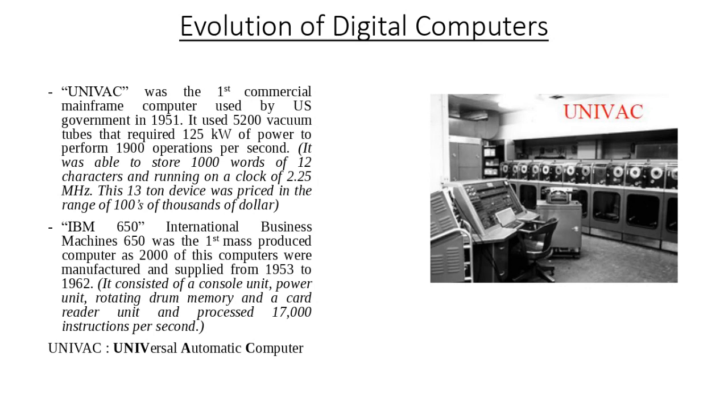And IBM 650. IBM is International Business Machines. The 650 was the first mass-produced computer, as 2,000 of these computers were manufactured and supplied from 1954 to 1962.